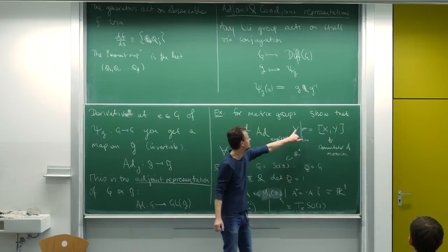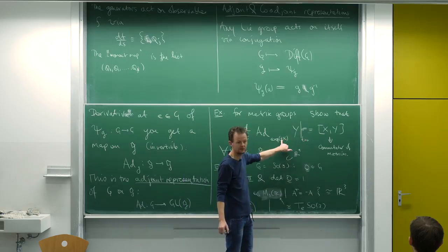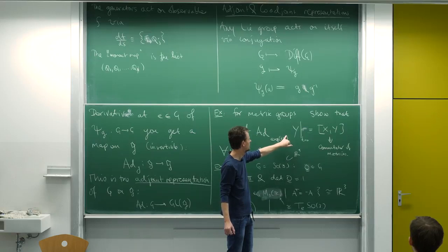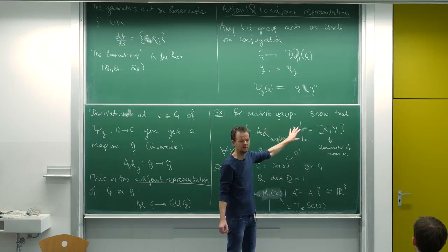See, this is a matrix, and this is a matrix. Are we implicitly using the canonical basis in some way? This is a basis independent expression.